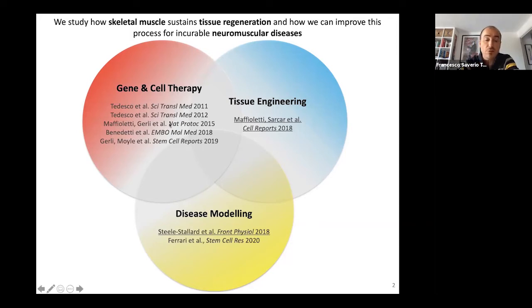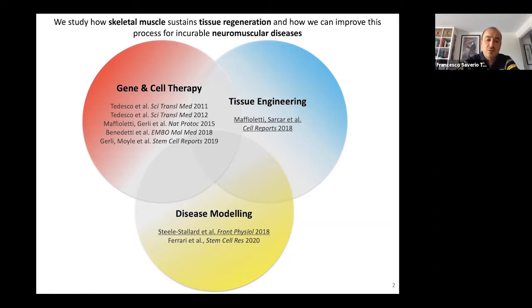My background personally is in gene and cell therapy for muscle diseases, and that's what I was doing during my PhD and during my postdoc. Initially I was mostly focusing on that, but we're still doing quite a lot of work in this area. On the other hand, we use the same technologies that we developed over the years for muscle gene and cell therapy also in other areas such as tissue engineering and disease modeling.